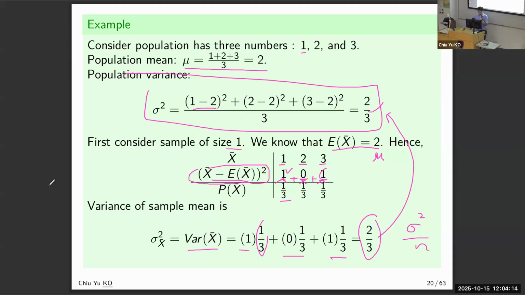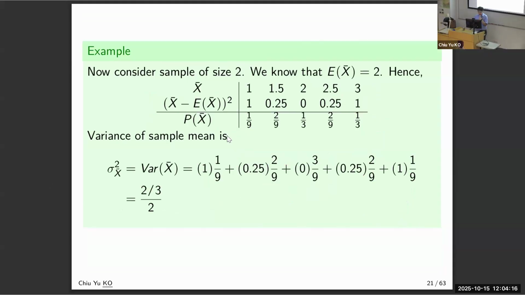Now you consider the case where we have 2. Okay. Sample size 2. Okay. And we have, remember, 9 different cases, but collapse to 5 outcomes, if you still remember. And you can do the calculation, say 1 minus 2 square, 1.5 minus 2 square. This is what the outcome is. There's a typo here. This should be 9. Sorry. This should be 9 here. Okay.